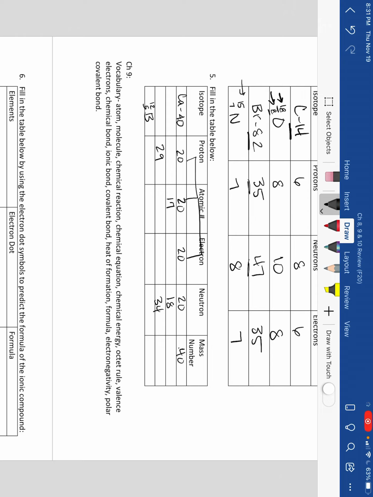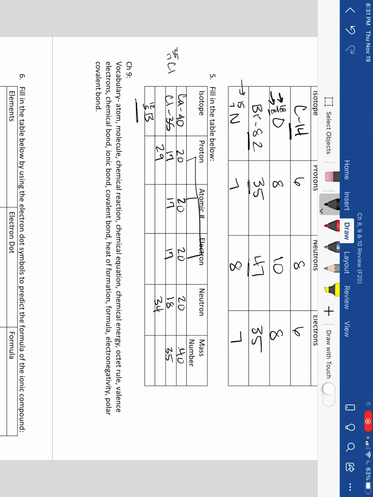Okay. For the second one, it's number 17. So it's got 17 protons, 17 electrons, and then that would mean that it would have a mass number of 35. So you can write the isotope a couple of ways. If you look at number 17 on the periodic table, it's chlorine, right? So you can write it kind of like the one above. So it would be chlorine 35, or you can write it like this one, where it's chlorine 35, like that.